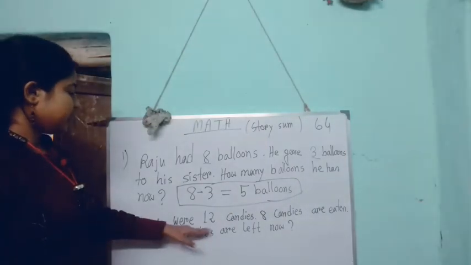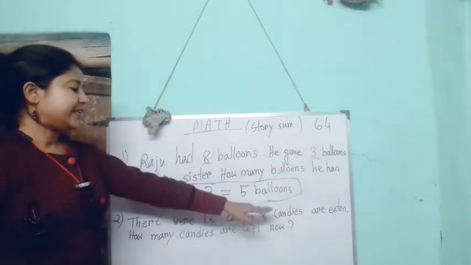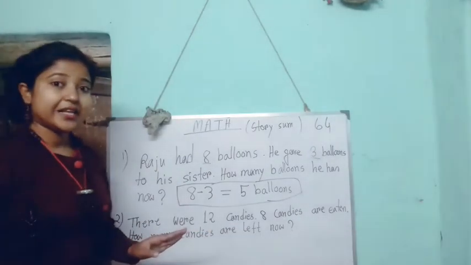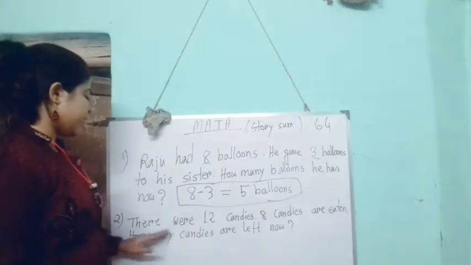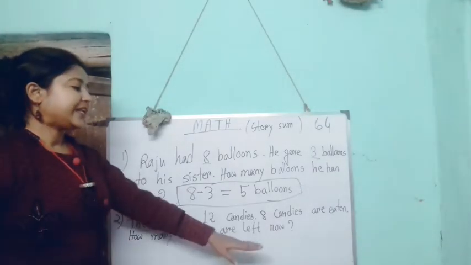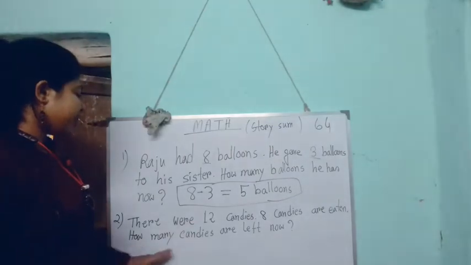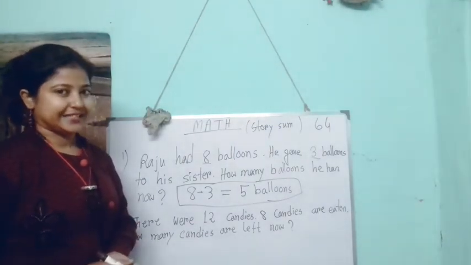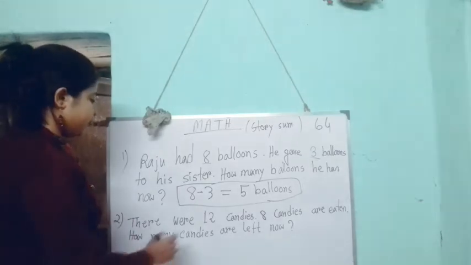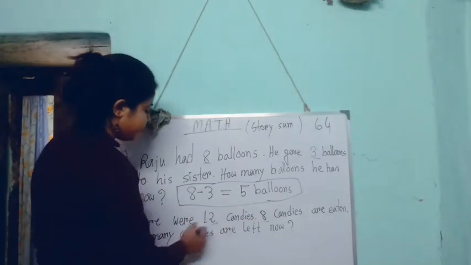There were 12 candies. 8 candies are eaten. So how many candies were there? 12 candies. 8 candies are eaten. How many candies are left? So you have already eaten 8 candies. Now how many are left? So you have to subtract 8 from 12.